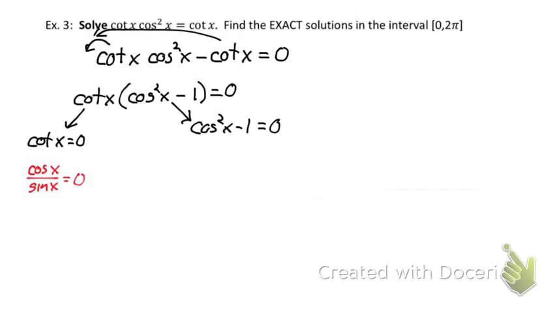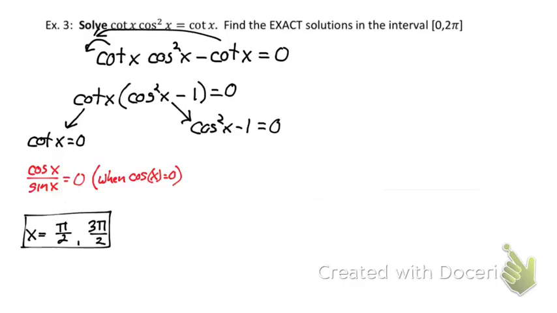So in this case, we're actually looking for when cosine x equals 0. However you do it, you're going to see that x equals either pi over 2 or 3 pi over 2. You've got to look at your unit circle.